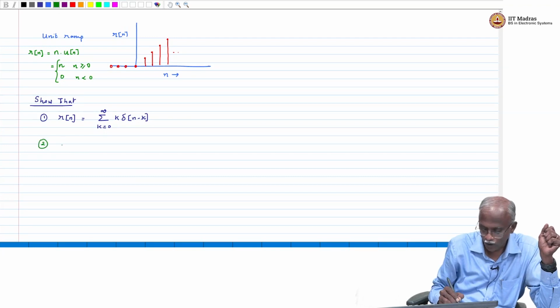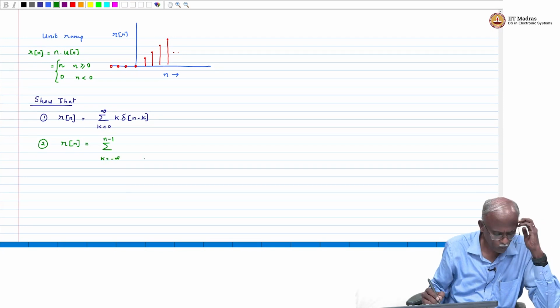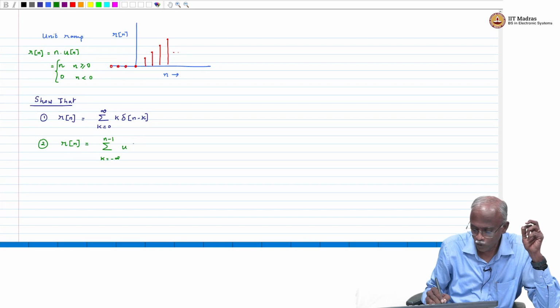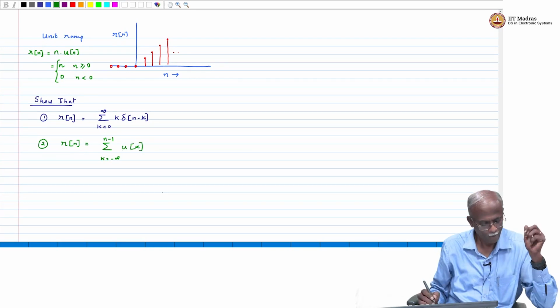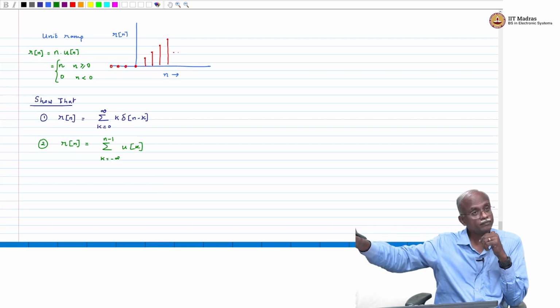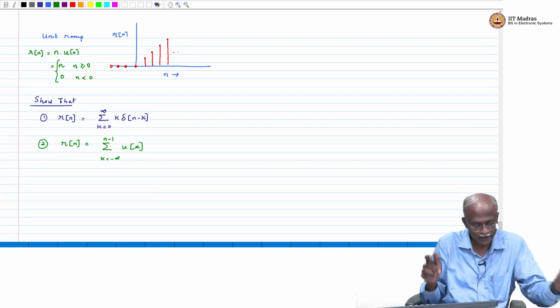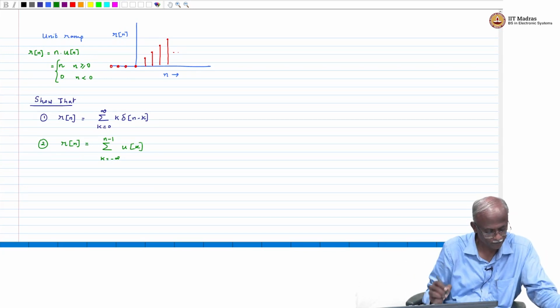Second one, show that r of n can also be written as summation k equal to minus infinity to n minus 1 of u of k. U of k, unit step function, you sum from minus infinity onwards and show that this comes out to be the correct value.